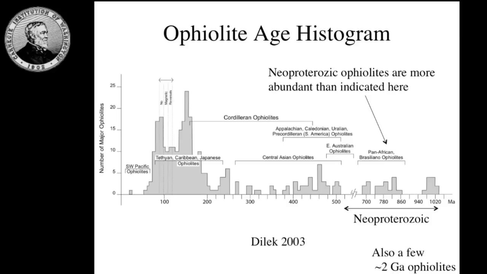The 2 billion year old ophiolites do exist. They're worth a talk in their own right. But the point is, once you go back from this time, you're very hard pressed to identify something as an ophiolite. One of the most interesting problems that Science, the journal, has had is they've published a couple of papers on Archean ophiolites, and in both cases it was found to be wrong.